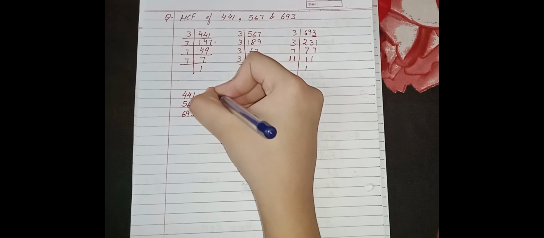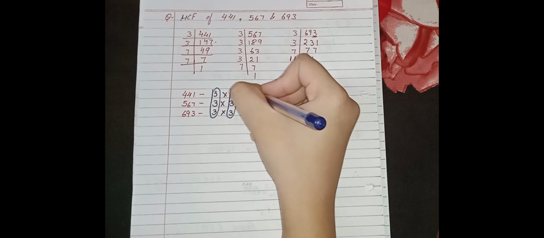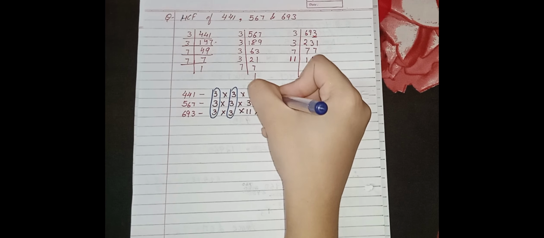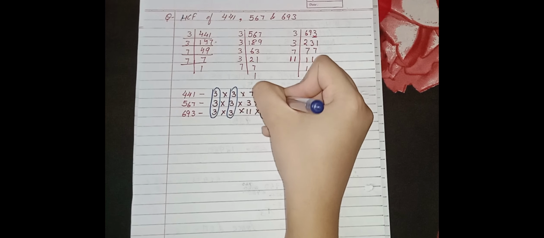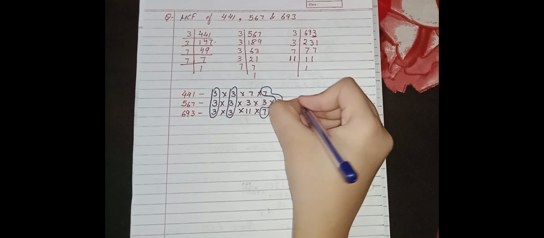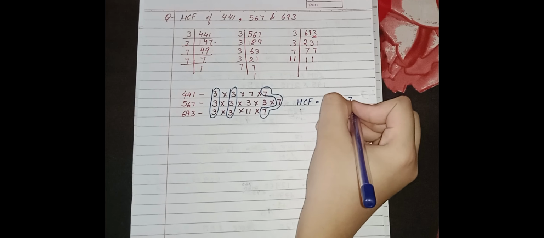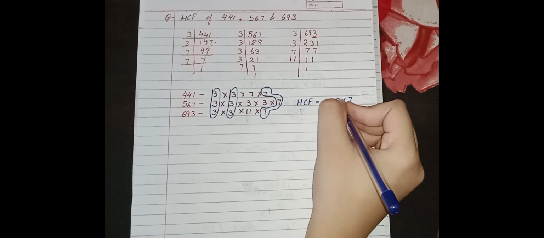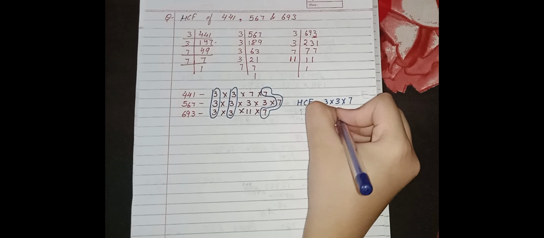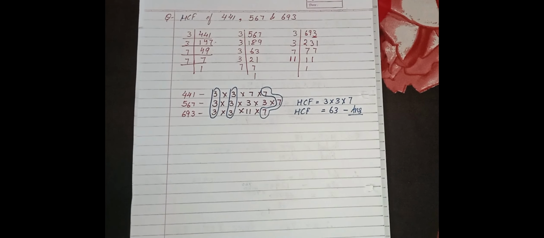One pair is matching, another pair is matching, then here it is matching. Okay, so this is matching. We have matched it out. Therefore HCF is equal to 3 into 3 into 7. 7 threes are 21, 21 threes are 63 is our HCF. It is our answer. Okay.